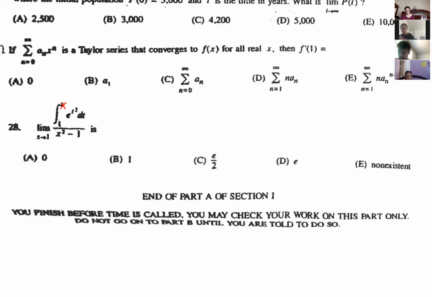As you plug in 1, what's the integral from 1 to 1? Someone speak up and tell me the integral from 1 to 1 is 0. When you plug in 1 on the bottom, what's 1 squared minus 1? 0. Don't we have 0 over 0 here? So we can use L'Hopital.